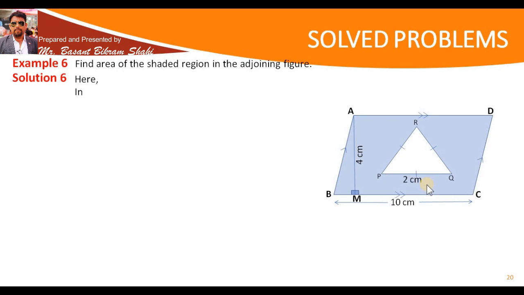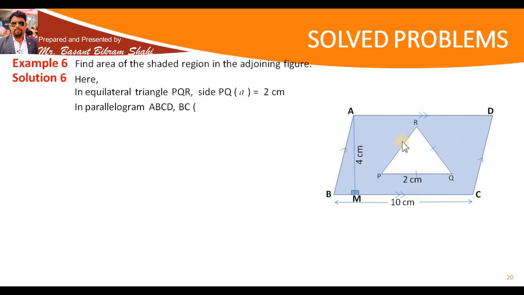In solution section, first of all, in equilateral triangle PQR, PQ is denoted by a, that is 2 centimeter. In equilateral triangle, equal side is denoted by a, that is 2 centimeter. And in parallelogram ABCD, base is BC, which is given as 10 centimeter, and height is AM, that is 4 centimeter.